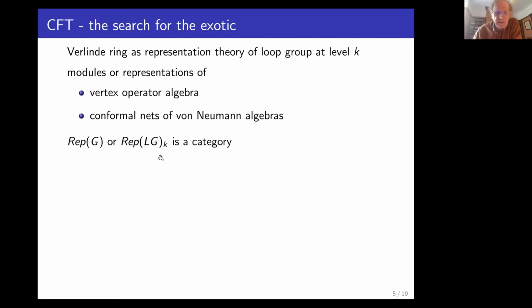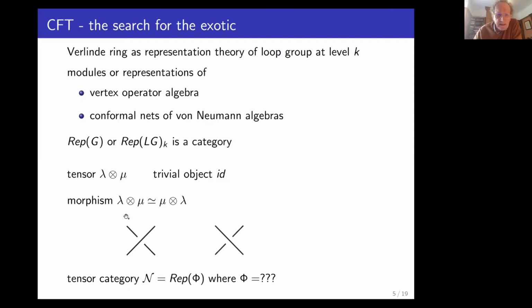You have objects which you can multiply with a trivial object, and there is a notion of a braiding so that you can interchange the order. Now, if you had something like a finite group, the representation theory is also a tensor category, and there's a trivial braiding. But in the case of the loop group, this braiding is highly non-trivial. It's non-degenerate.